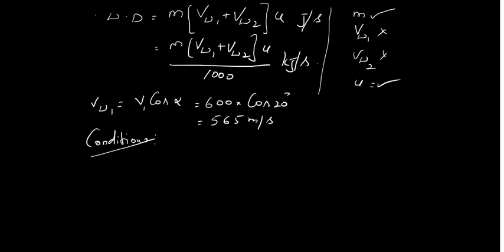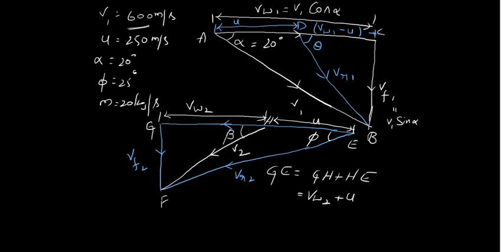In the problem statement itself, it says that there is no friction. If I neglect friction, the first one is VR2 equals VR1. Very clear from that, right? And from this, I can find the value of VR2.